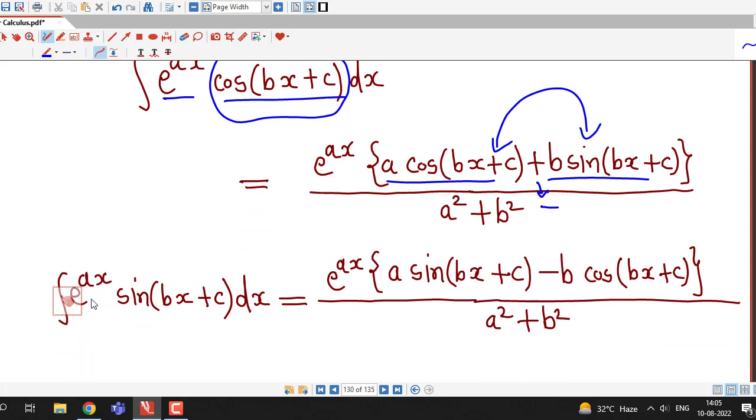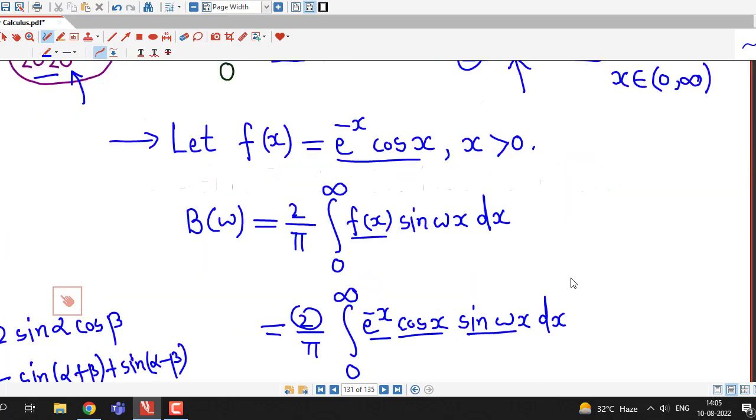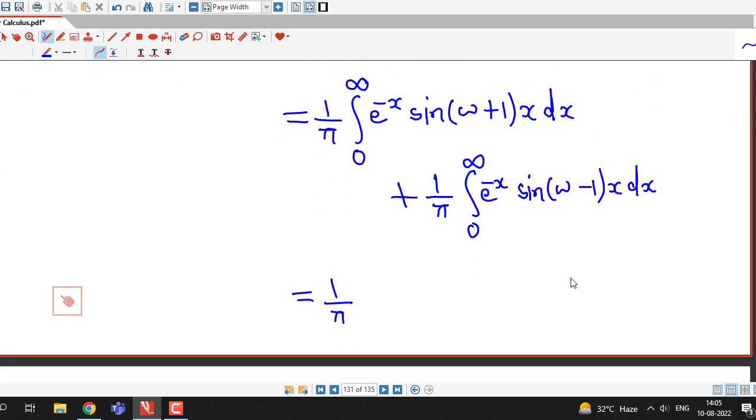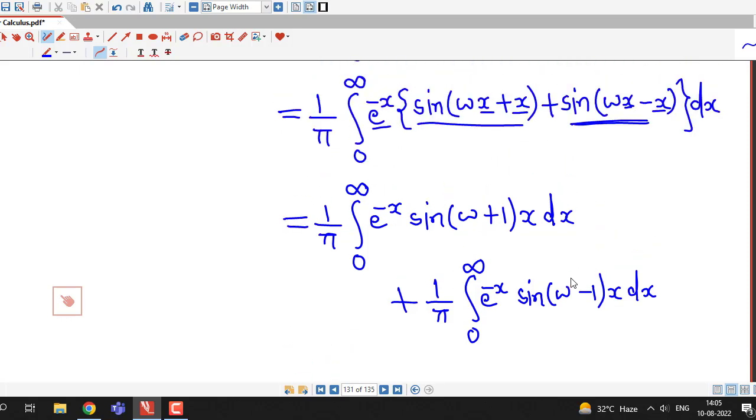So we will use this formula, e raised to ax sin(bx plus c) equal to e raised to ax times a sin(bx plus c) minus b cos(bx plus c) divided by a square plus b square. And here we have this type of situation.